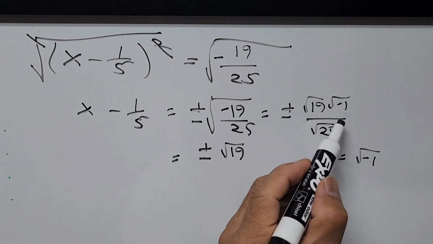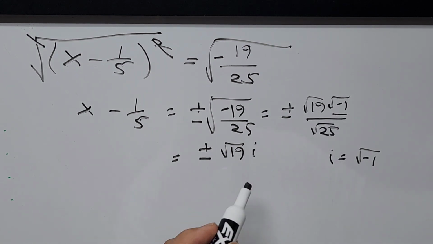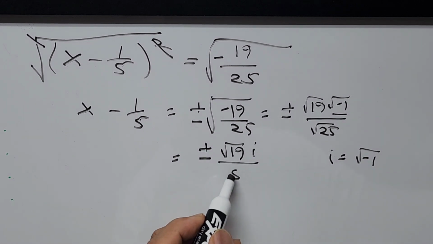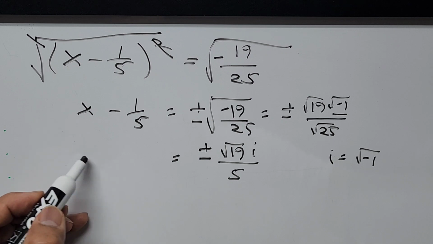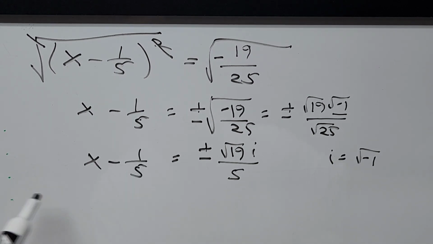So substitute that value for the square root of negative 1. We have i, and the square root of 25 is 5. So the left hand side is the same, x minus 1 over 5. And now we're transposing negative 1 over 5 to the right hand side.